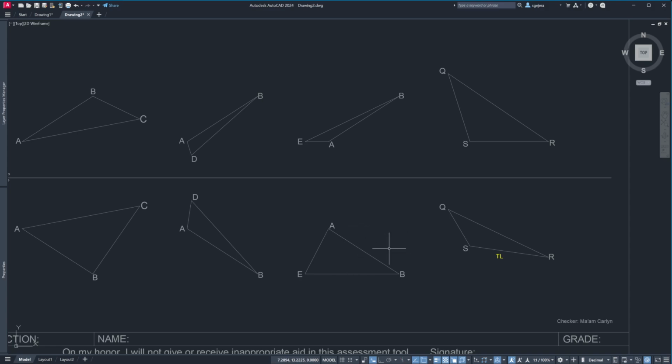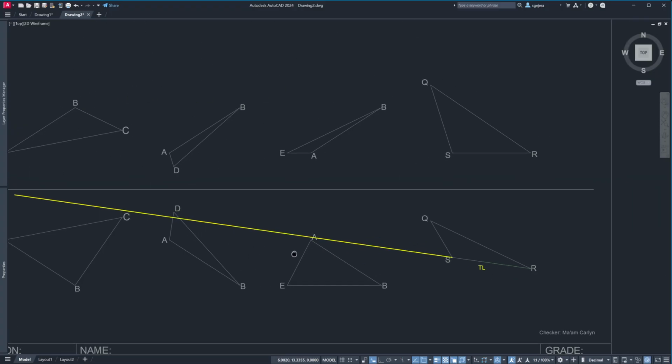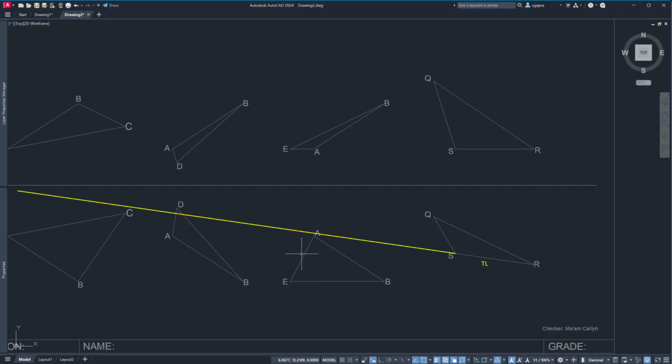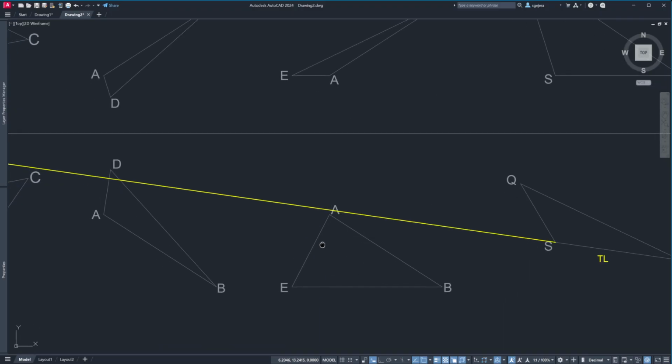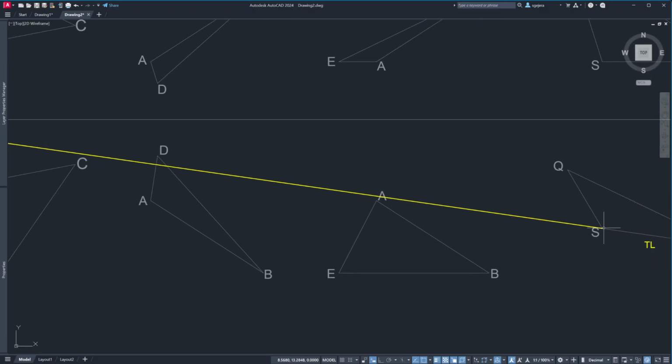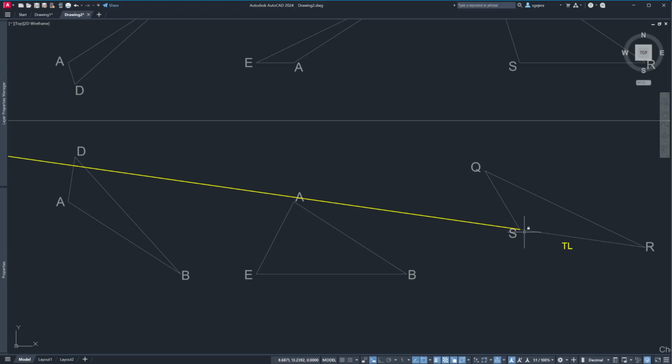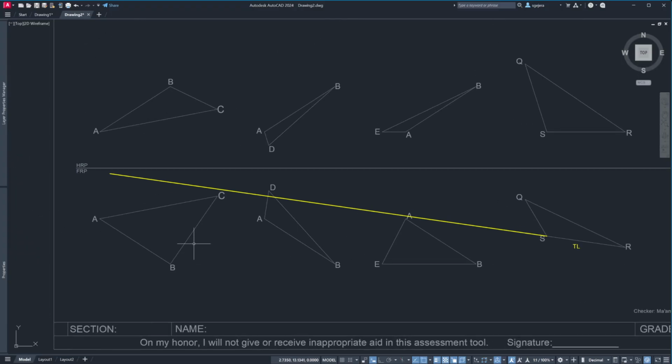So what we can do here is just extend SR, no? Para mas madali natin siyang ma-compare with the other lines. And let's find a line contained in the given planes that is truly perpendicular to SR, right? So let's start with the farthest left siguro.